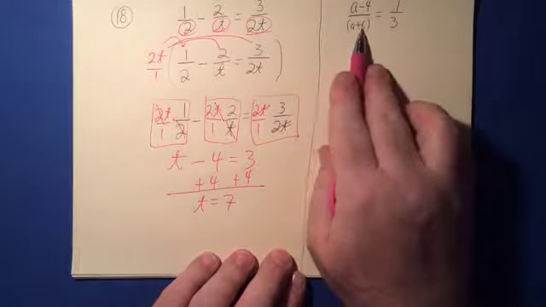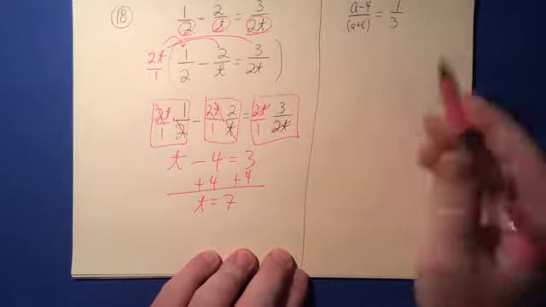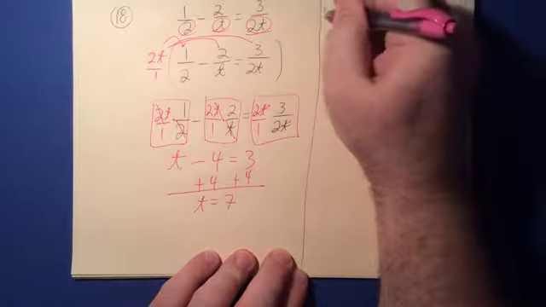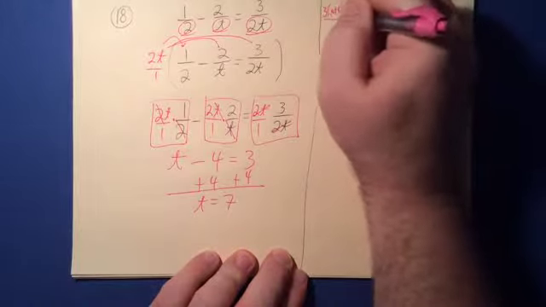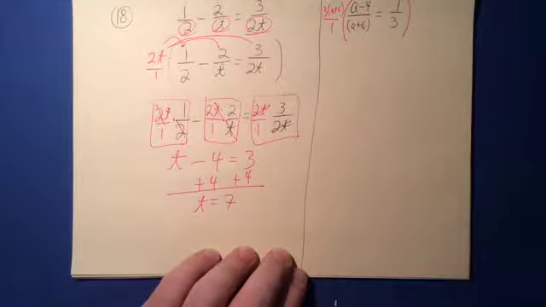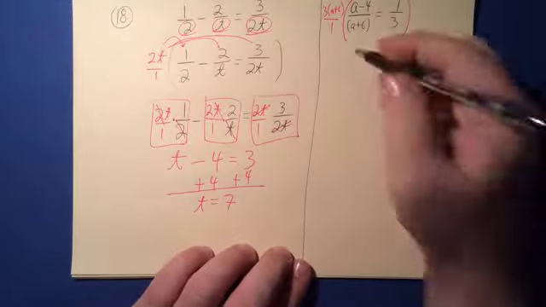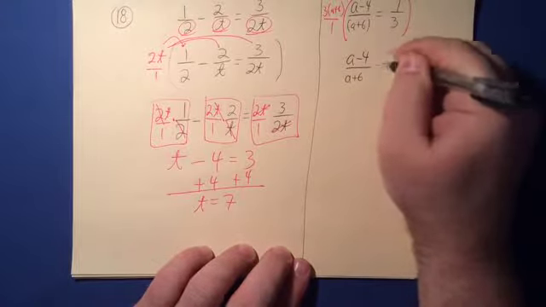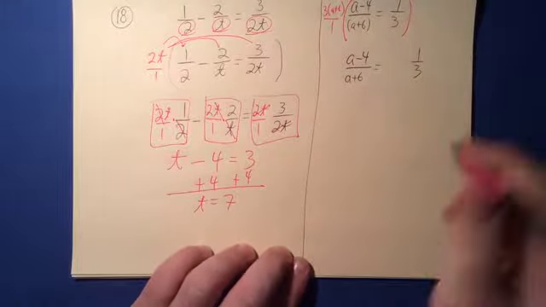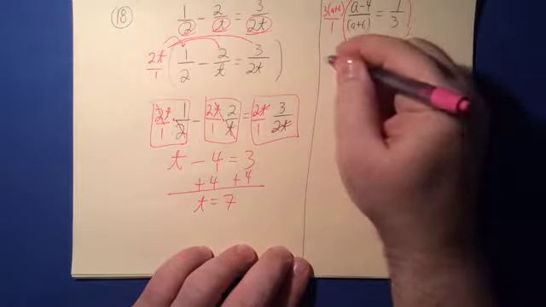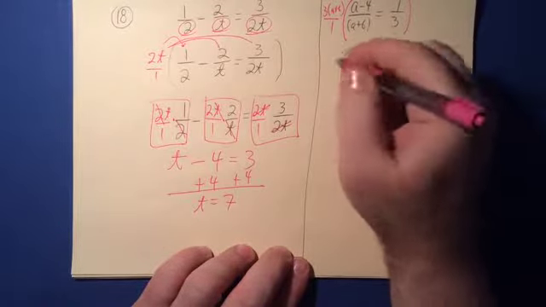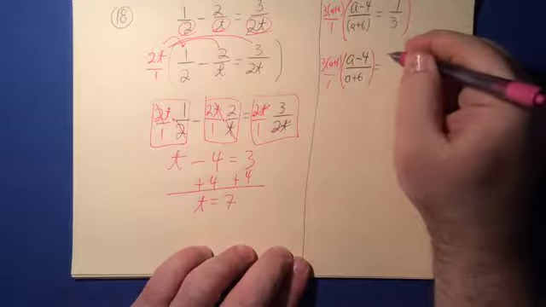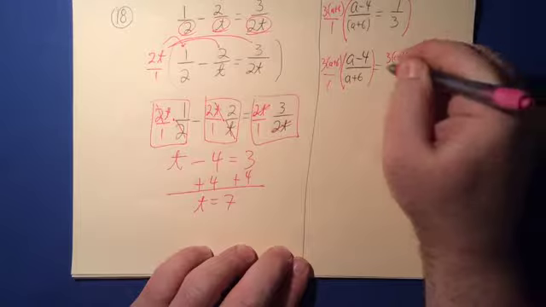If I'm looking at the denominators of a plus 6 and 3, I'm going to multiply this entire equation by 3 times a plus 6 over 1. Again, I'm going to write this out with the distribution taking place one more time, where I'm going to multiply this part here by 3 times a plus 6 over 1, and then this part by 3 times a plus 6 over 1.